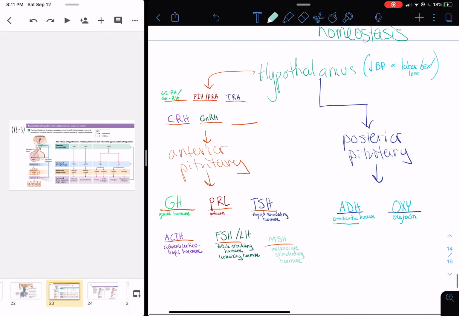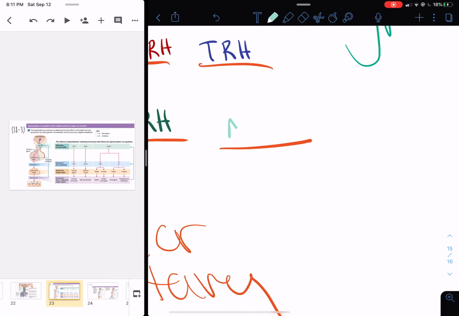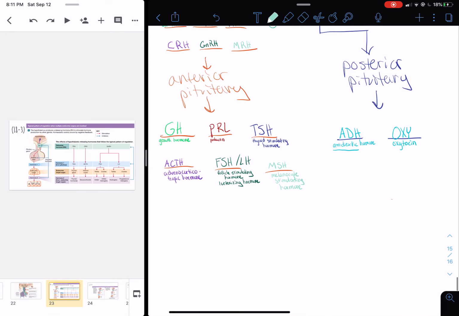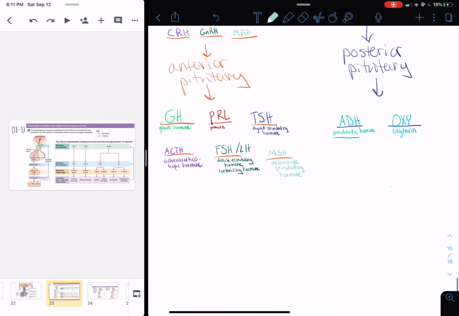And in order for the anterior pituitary to release that, the hypothalamus has to release melanocyte releasing hormone. And melanocyte stimulating hormone will go to the skin and turn on melanocytes and ask them to produce melanin, and melanin's really important for our sleep cycles.